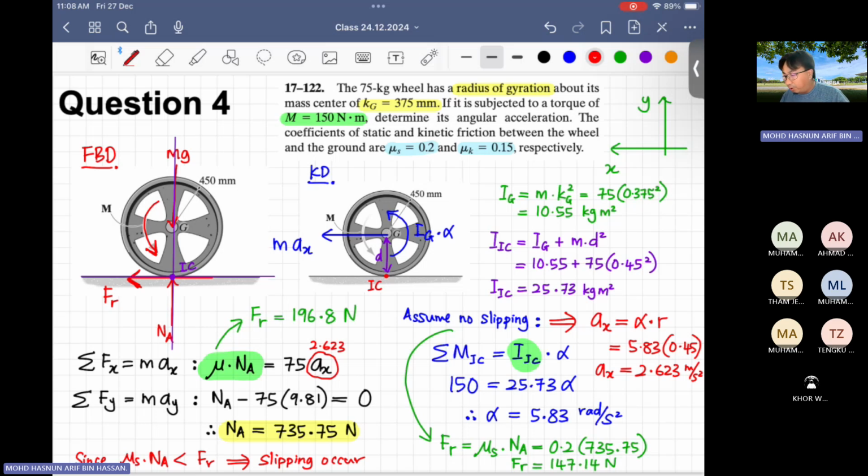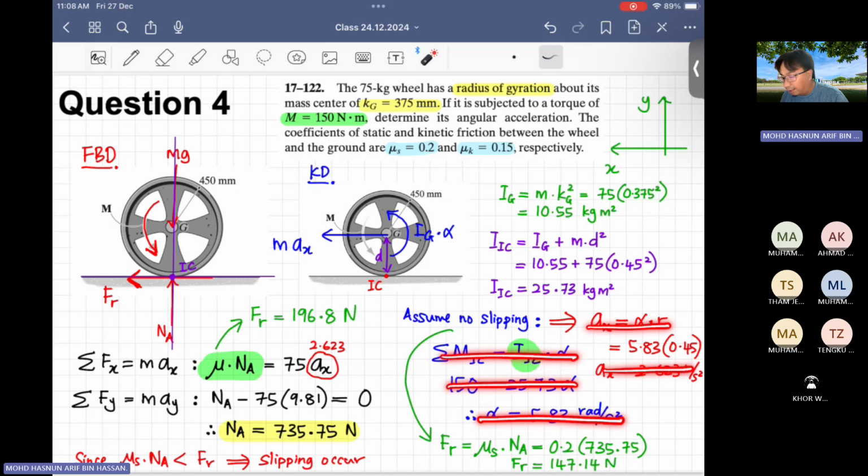So when slipping occurs, all the calculation using IC is no longer valid. This equation is also not valid, so all this is not valid.